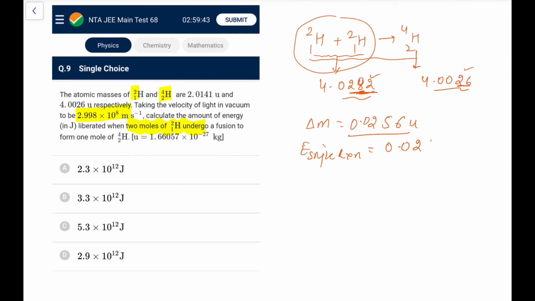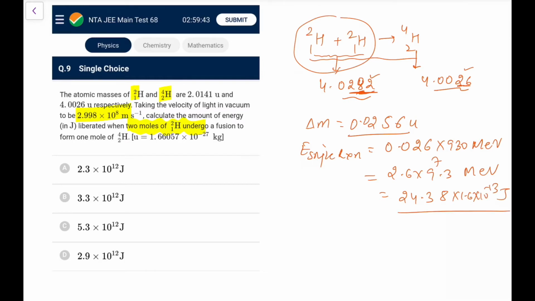For approximation, let's take it to be 26 and take 930 MeV, and do that simplification because the options are far apart. So I can directly write 2.6 into 9.3. That is 26 into 93: 26 threes are 78, 26 nines are 234, and 7, 2418. So it would be 24.18, and let's convert it into 1.6 into 10 to the power minus 13 joule.